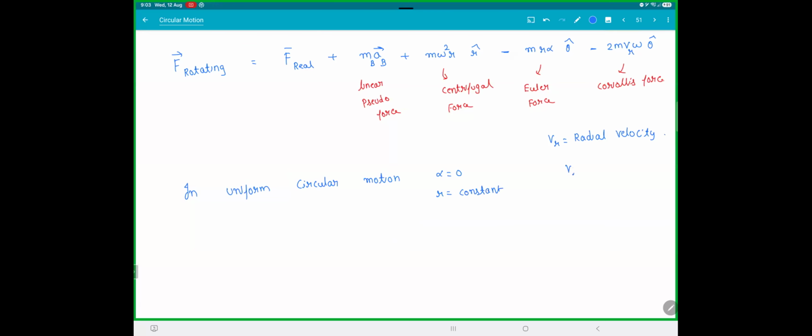So this V radial is nothing but dr by dt. So V radial is 0. So literally everything goes off. The only thing that is left is pseudo force, M omega square r, R cap. This is nothing but the centrifugal force, away from observer.